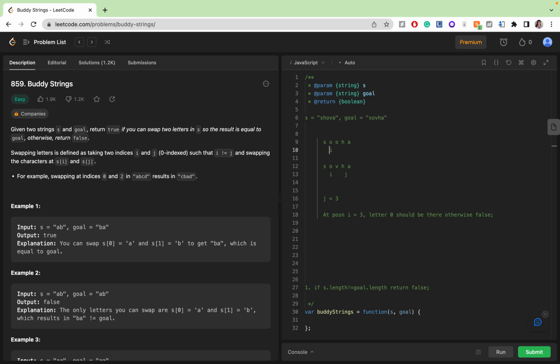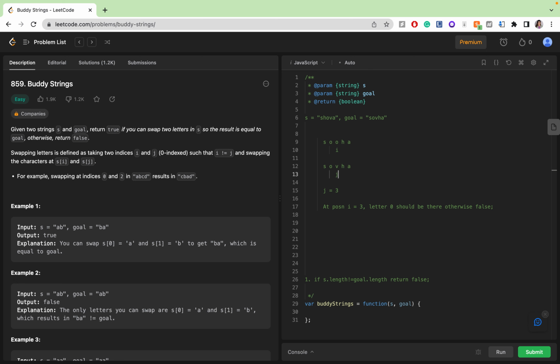Now I should continue on the other letters. When I continue on other letters, they should still be equal. If these two letters are not equal, it means that even after I swap these two letters, it is not equal.